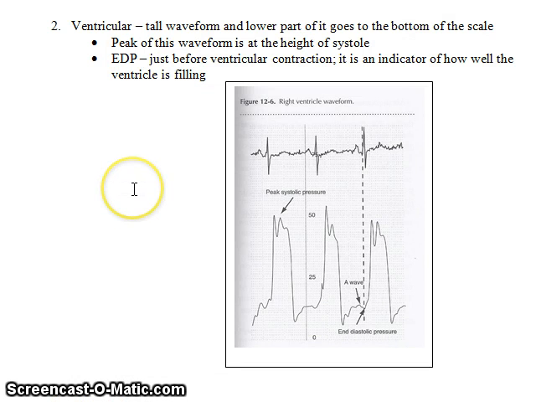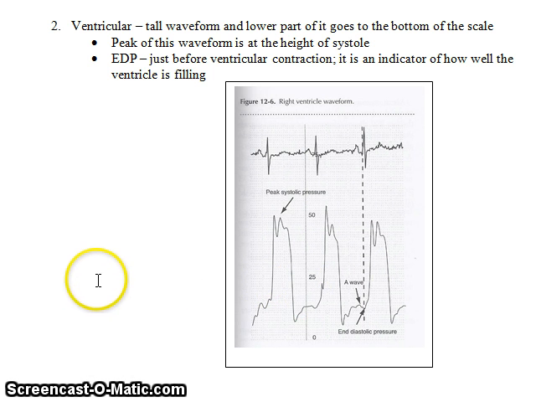The next waveform that you need to be able to recognize is the ventricular. So again, when we're talking ventricular, that could be either the right or left ventricle. The ventricular waveform is tall, and it goes clear down to 0, because if you remember your pressures, the systole, for the right, for example, is a 25, but then the diastole is 0.